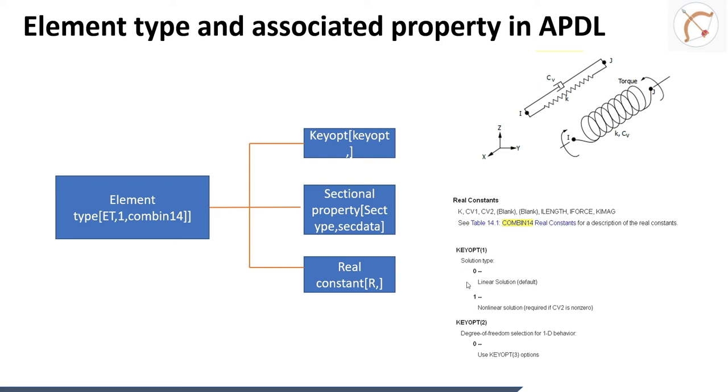Also, using the KEYOPT option, we can control the different degrees of freedom and other behaviors. For more information, you can go through the help manual. But just to give you an idea, whenever we are defining any element, there is some associated real constant, KEYOPT option, or section properties if you are working with beam or shell type of elements.